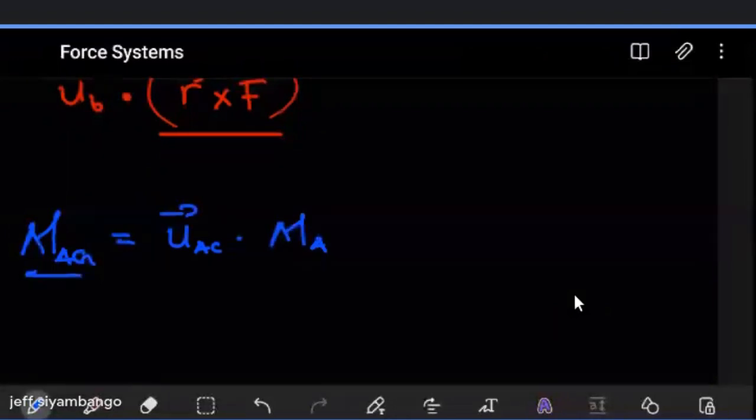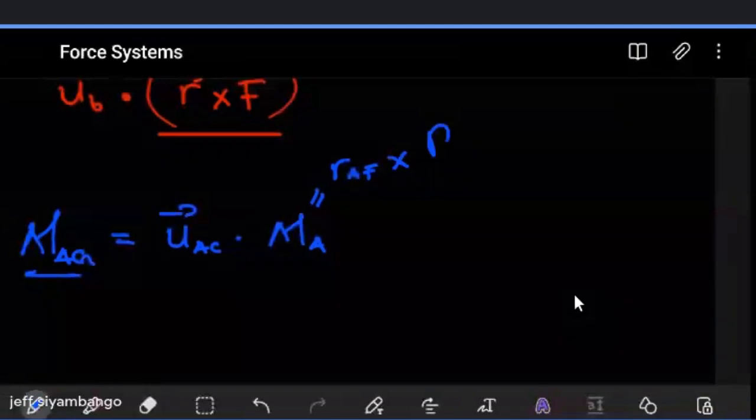And remember what this is. This is R_AF cross P_FC. It wasn't AC, it was AF, and the force is P, P_FC. We already did this.